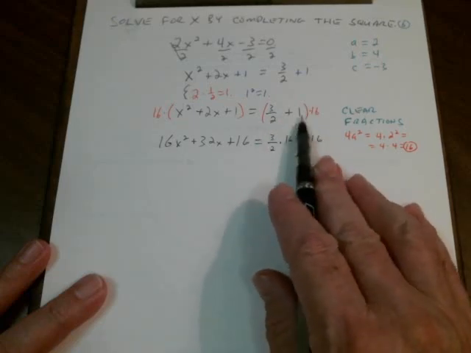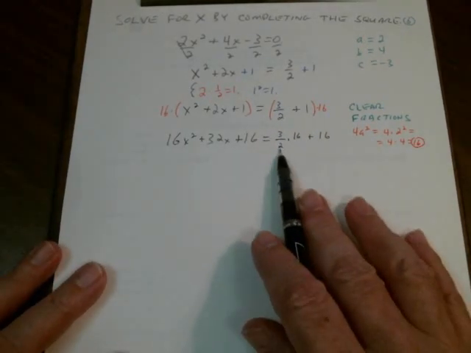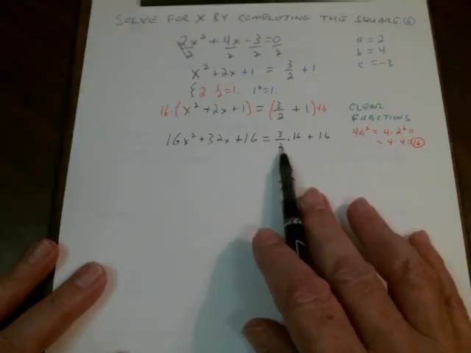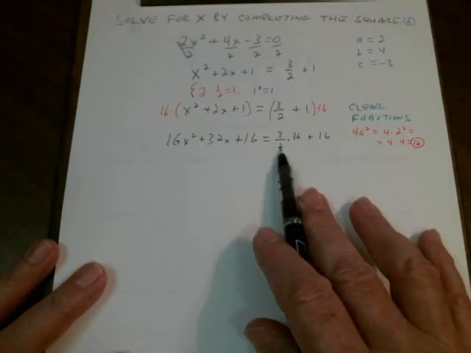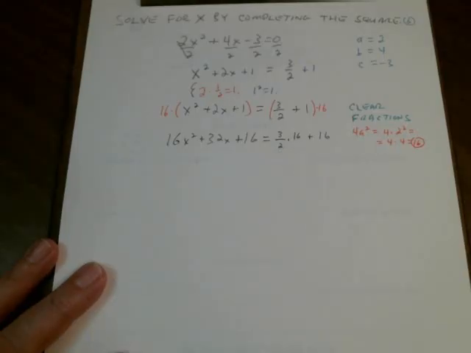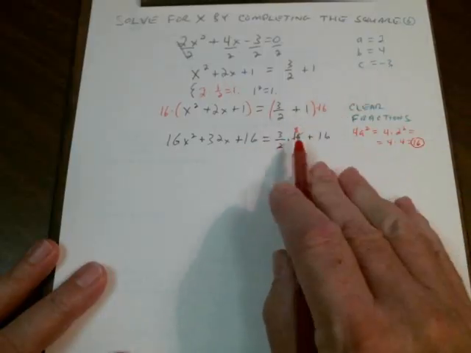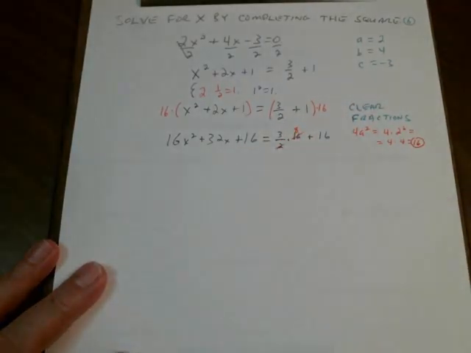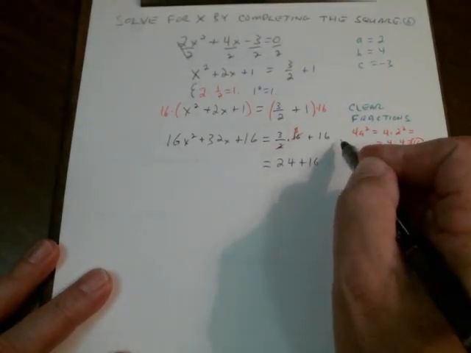So 16 is being multiplied by each one of those terms on the right side. This is the way I think is the most efficient. Divide 16 by 2, and that leaves 8. And 8 times 3 is 24. So on the right we have 24 plus 16.